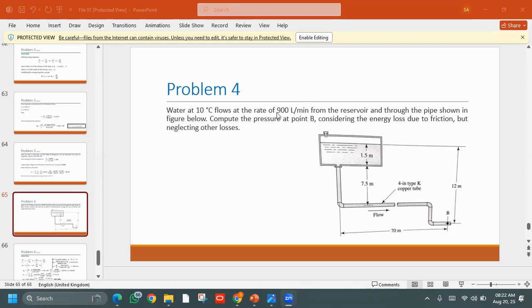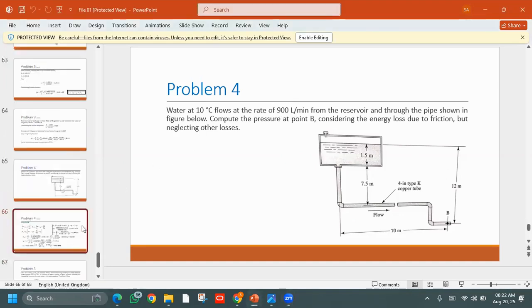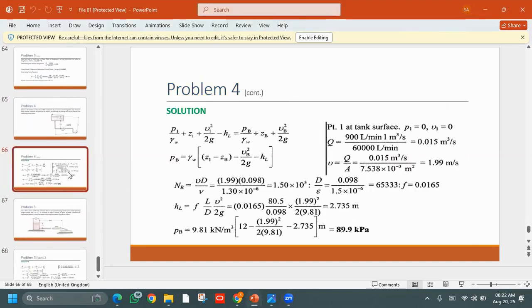That will be converted into cubic meters per second after that. Through the pipe as shown in the figure, we need to compute the pressure at point B, considering the energy loss, which is also called head loss due to friction, but we need to neglect other losses as well. So let's move towards the solution of this question.